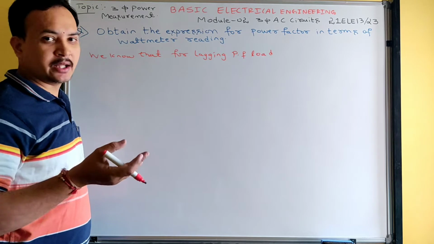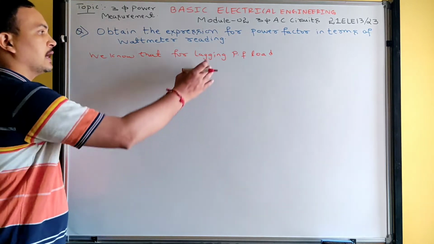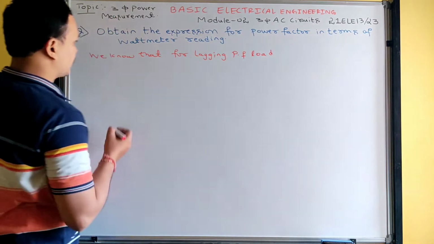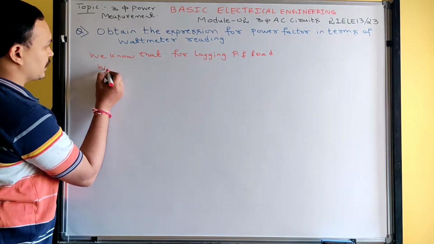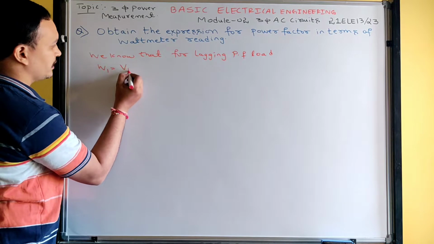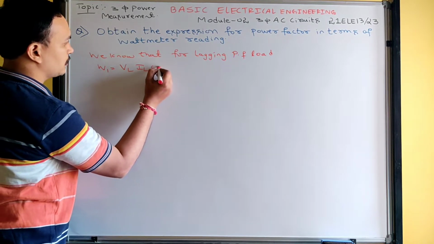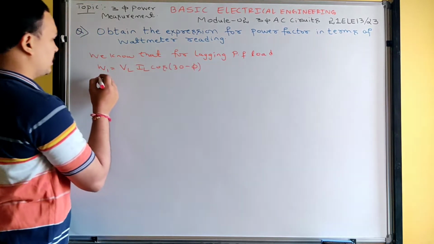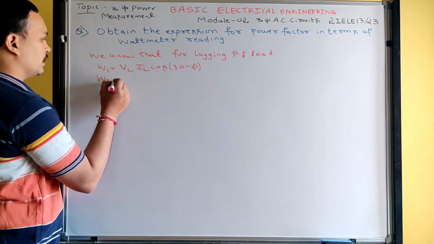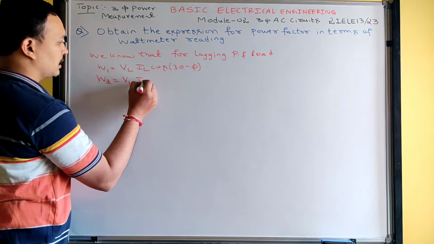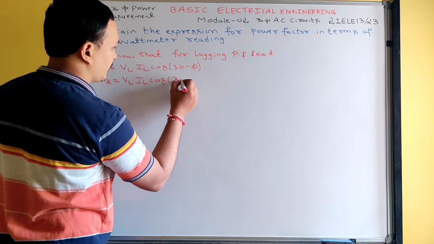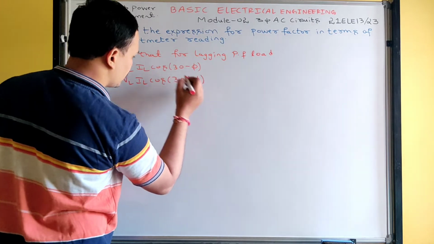Inductive means lagging power factor load. So for the lagging power factor load, we got the wattmeter readings: W1 is VL IL into cos(30 minus phi), and the W2 reading is VL IL into cos(30 plus phi).